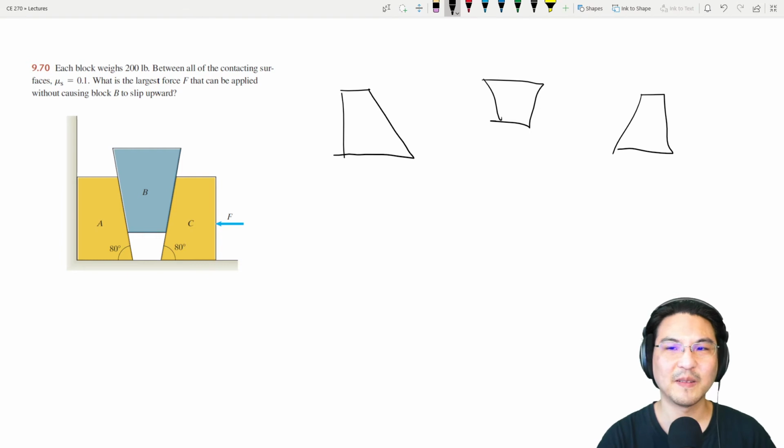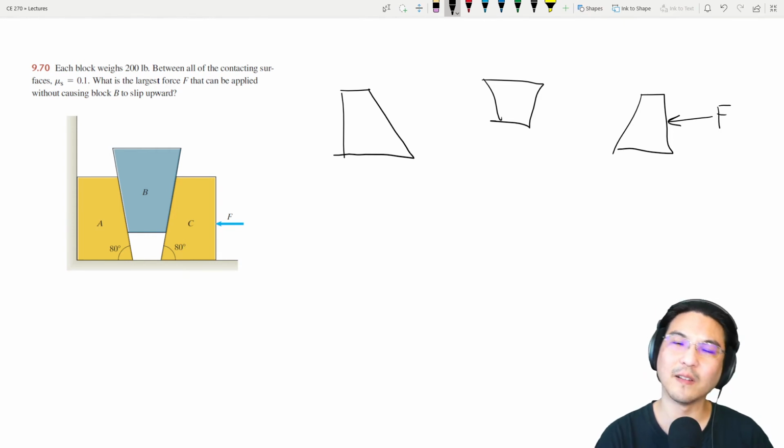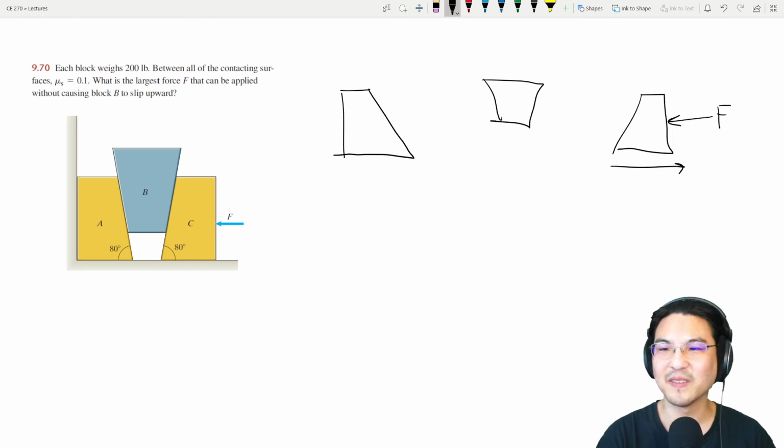Okay, and then let's see, we have this force here, this way. So if that block slides toward the left, then there's going to be friction opposing the motion here, and then it's in contact with the ground, so there's a normal force. And then the block itself has weight.